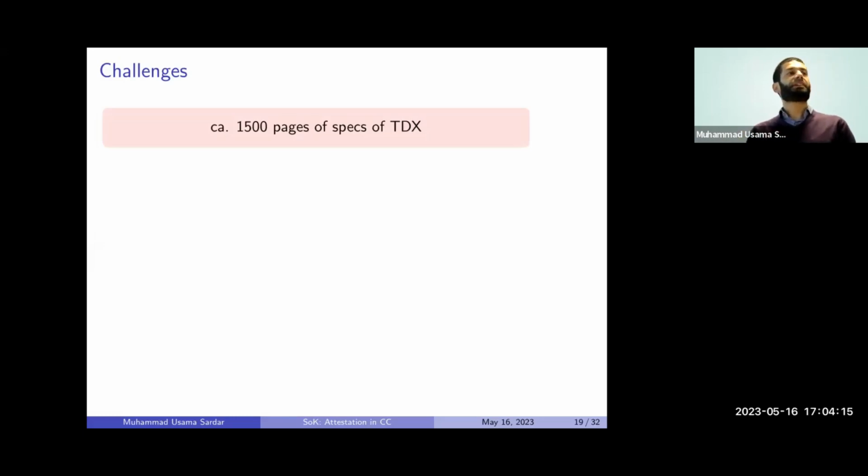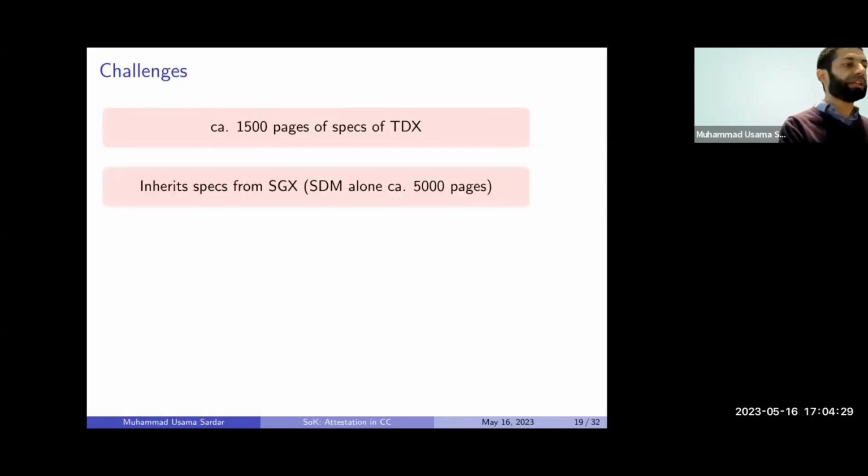Specifically for TDX, it was really complex. As I said, this is a complete product, and nothing is clear about what exactly is going on inside the solutions. There are 1,500 pages of specifications of TDX. In addition, it's using many things from SGX, its previous solution, the previous trusted execution environment of Intel.